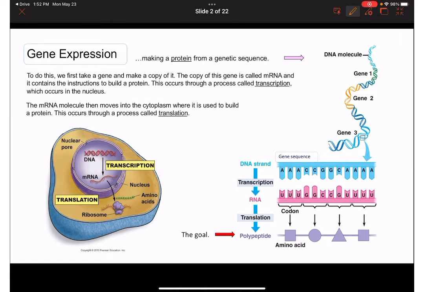When we talk about gene expression then, we're talking about making a protein from a particular genetic sequence. So let's take a look at this double-stranded DNA, and again, it's divided into genes. Here's gene 1, gene 2, and then we're taking a closer look at gene number 3.